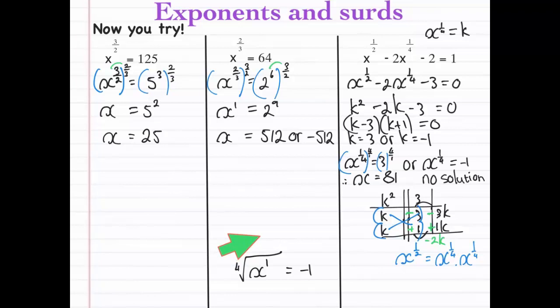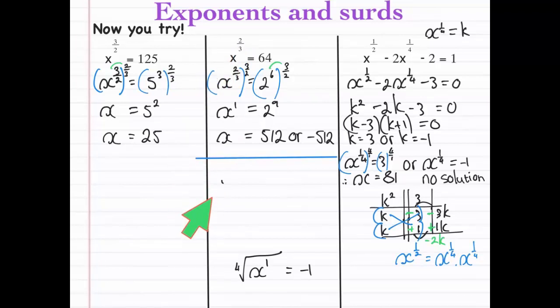Okay, and now just for interesting sake, because I changed this to a surd, I'm going to quickly show you how we can solve that problem with surds. Okay, so I'm going to draw a quick line here just to separate these two questions, and then I'm going to do exactly the same one with surds, and maybe that is a bit easier for you.